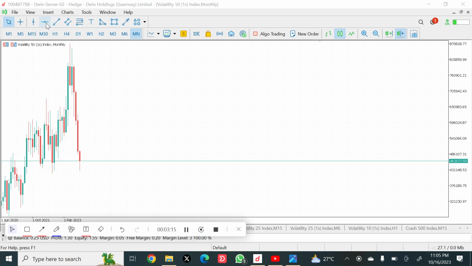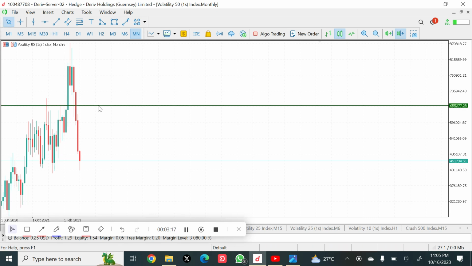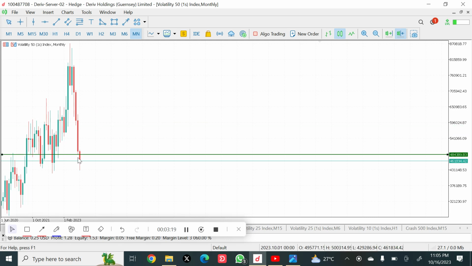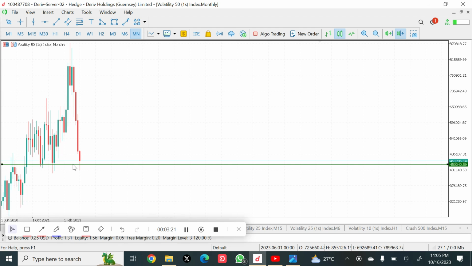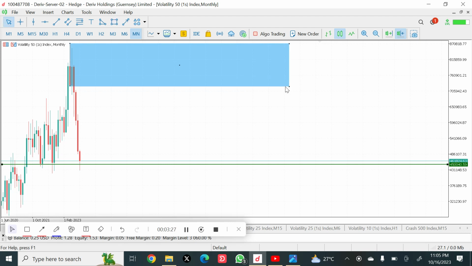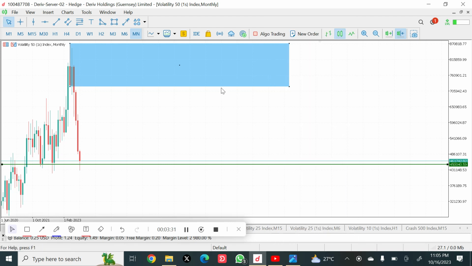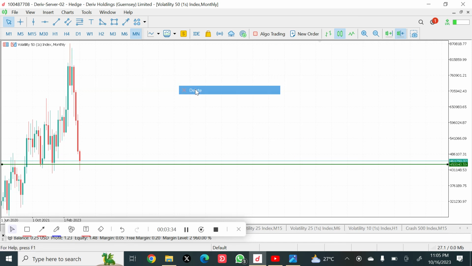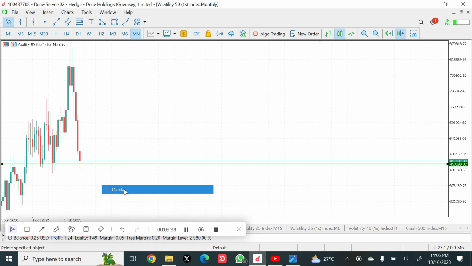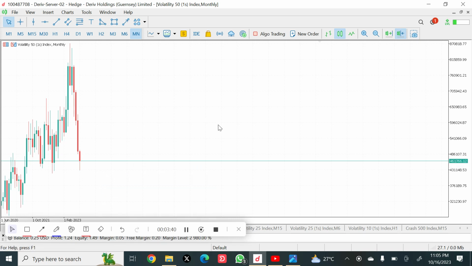Normally, I use the horizontal line to draw normal support and resistance like that. But if it's a supply or a demand zone, then I will stretch it out like that, okay, to indicate this is a supply zone. All right, so I'm just going to be marking my support and resistance.